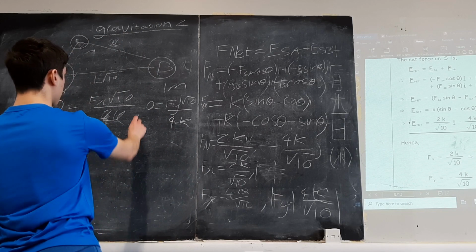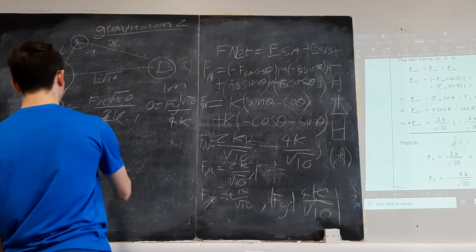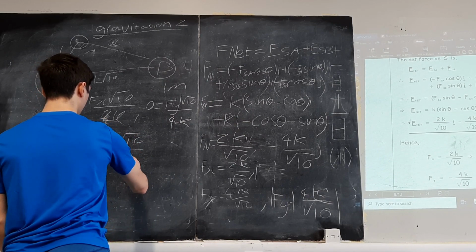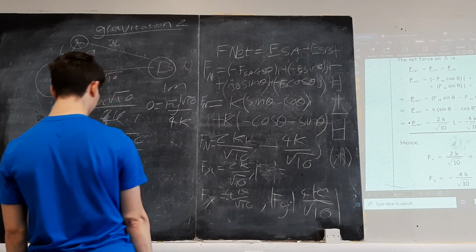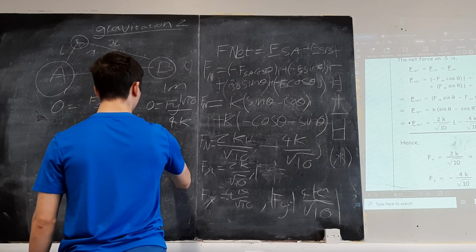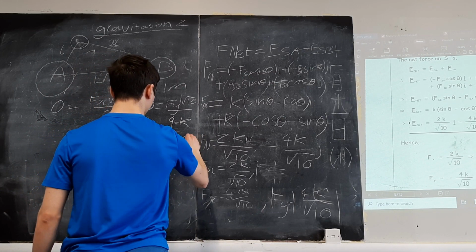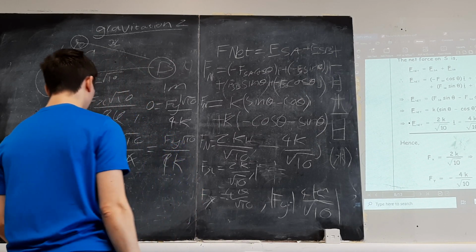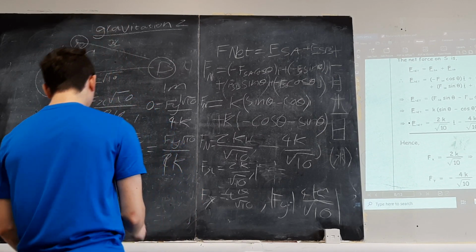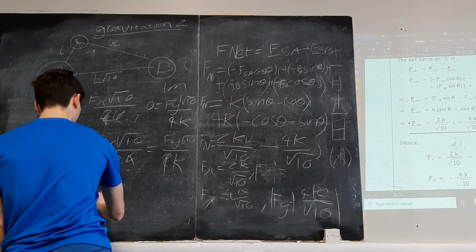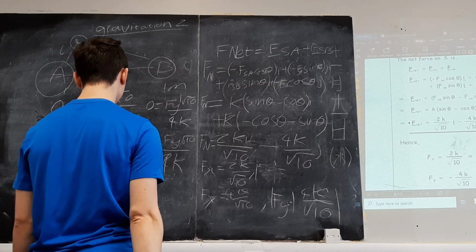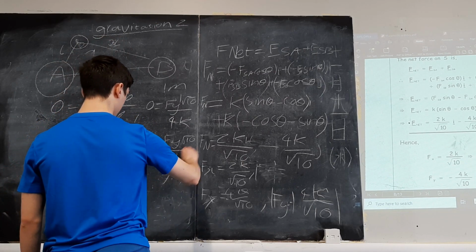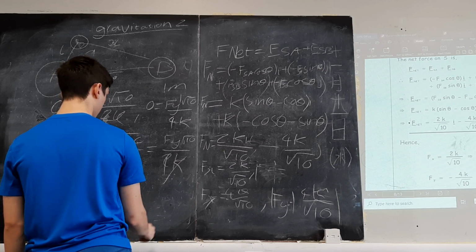Okay, and then because they're both 0, we can now equate them. So Fx root 10 over 2k equals Fy root 10 divided by 4k. Then you can rearrange that to find Fx equals, the k's cancel, the root 10's cancel, and it becomes a half.